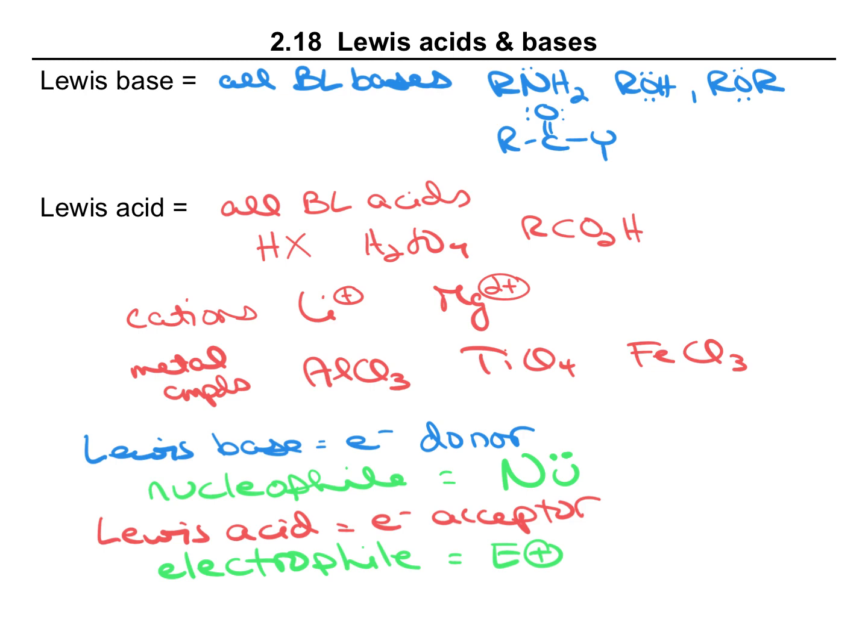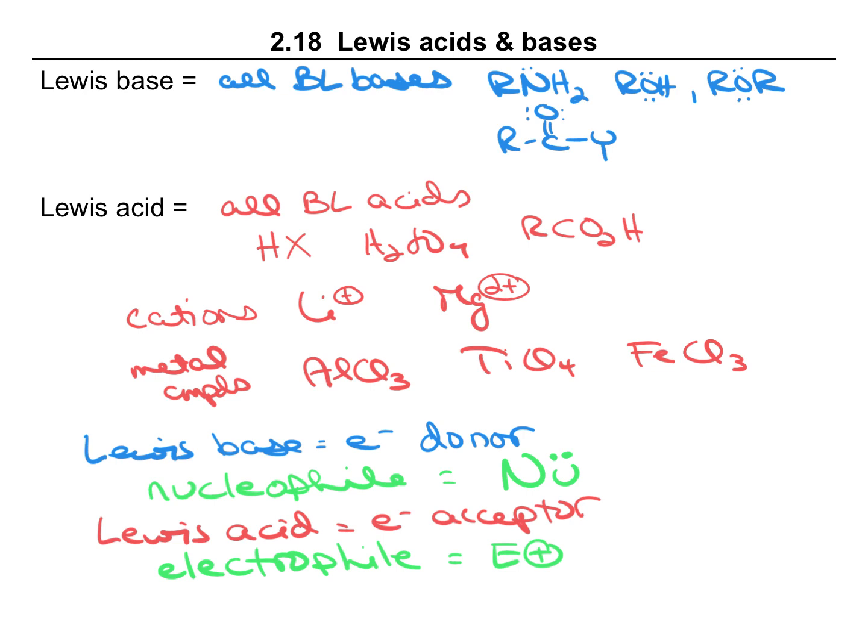So rather than thinking about Lewis acids and bases, we will talk very, very frequently about nucleophiles sharing electrons with electrophiles. Now, if you understand Bronsted-Lowry acids and bases in terms of proton transfer, and if you can understand nucleophiles reacting with electrophiles, then you understand about 95% of the organic chemistry that we're going to cover this entire year.